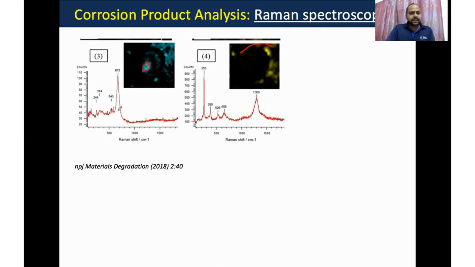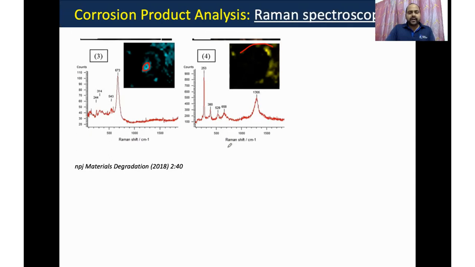In the first figure the Raman shift is something else, the intense peak is at 673, while in case B, when the measurement was taken at the outer side of the pit, we see peaks at 253 and 1305. So these two are different.